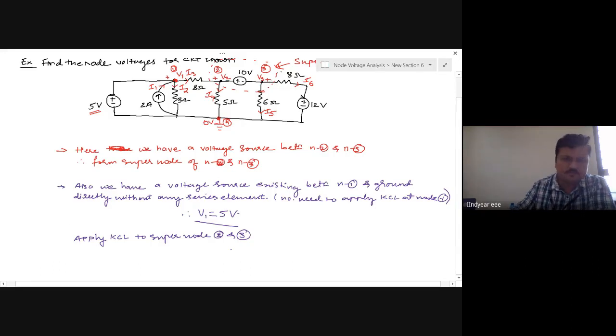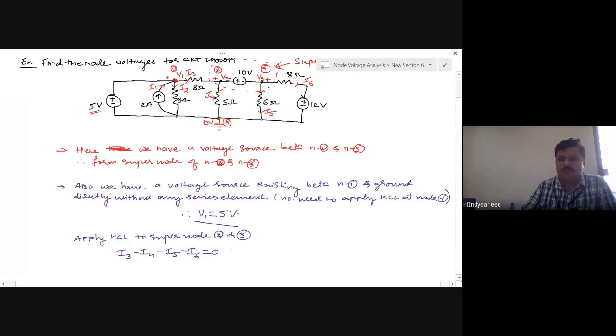Therefore, I get four terms in this supernode equation. At node 2, I3 is entering, I4 is leaving. So it is plus I3 minus I4. At node 3, I6 is leaving, I5 is leaving. Both are leaving currents. Therefore, minus I5 minus I6 is equal to 0.